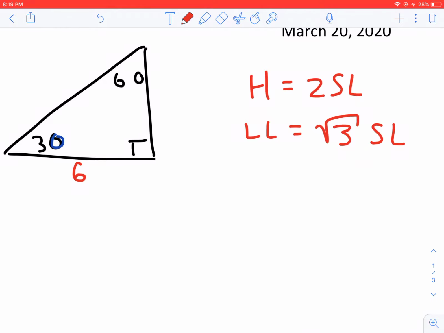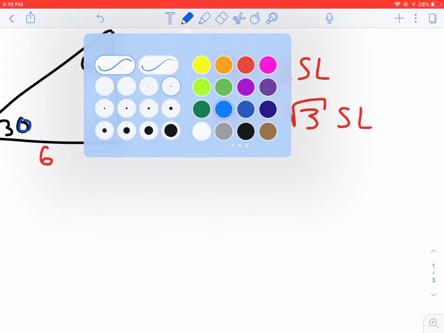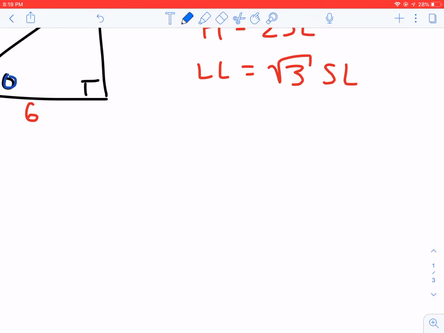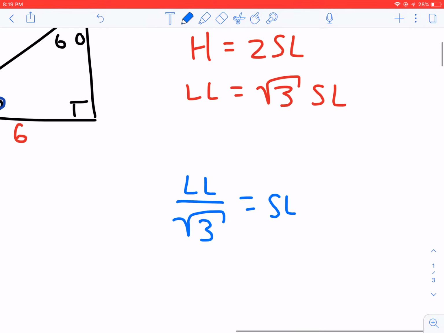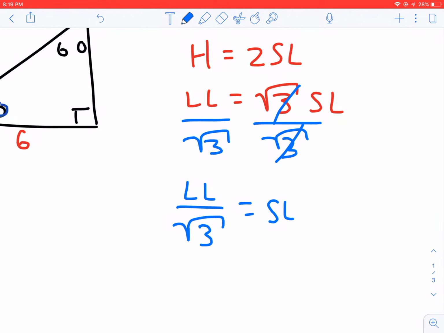In this case, I have the longer leg, so I'd probably find the length of the shorter leg first. If the longer leg is equal to the square root of 3 times the shorter leg, couldn't we say that the longer leg divided by the square root of 3 is equal to the shorter leg? If you want to see that algebraically, all we have to do is divide both sides by the square root of 3.